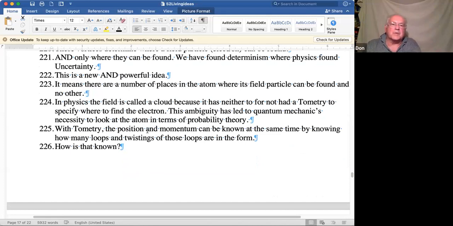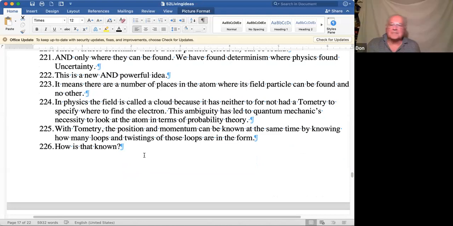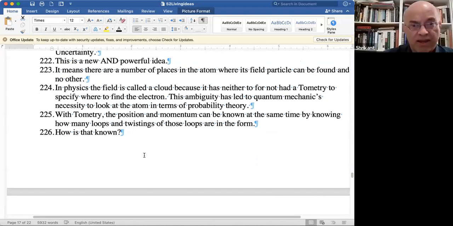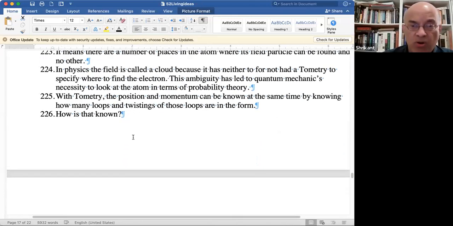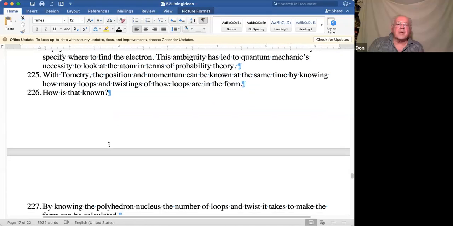Shrikant, can people download this paper here? What you can do is go ahead and email it to me. You can email it sometime during this presentation, and I will put it in the chat so people can see it.